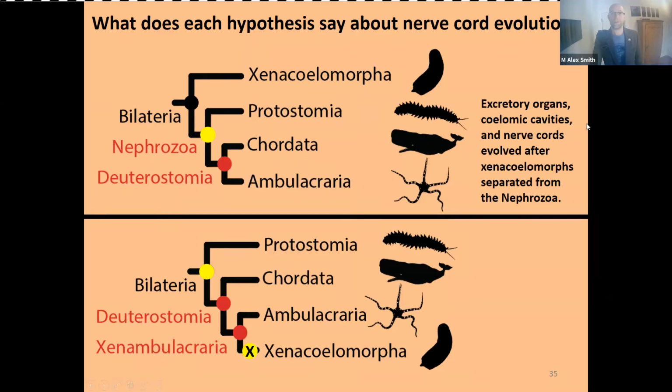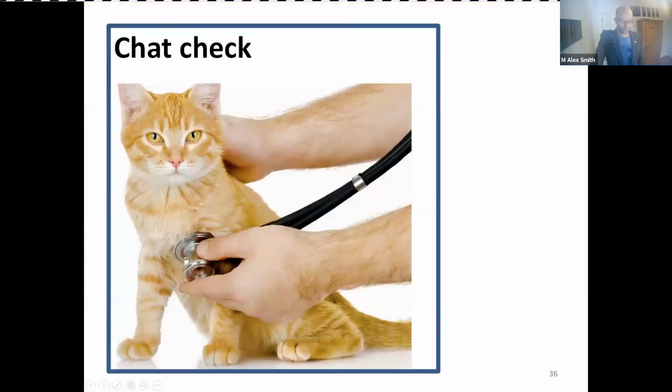So, according to this hypothesis, excretory organs, the top one, as sister, and nerve cords evolved after the Xenocelamorphs separate from the Nephrozoa. So a little bit, I'm going to jump to the chat real quickly. I want to just make mention that those kinds of questions, consequences, true, false questions, are the kinds of things, as we've talked about, that the lecture quiz will be full of.